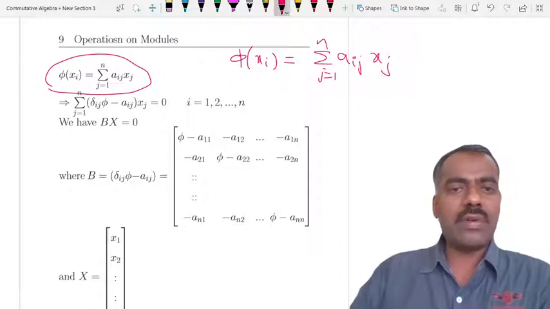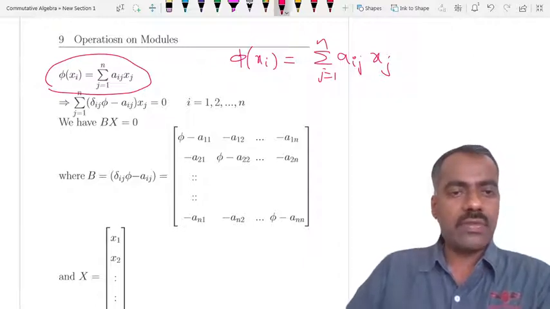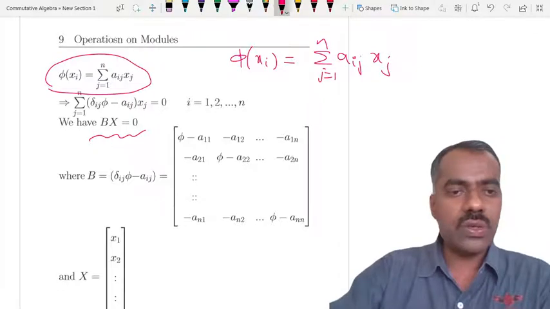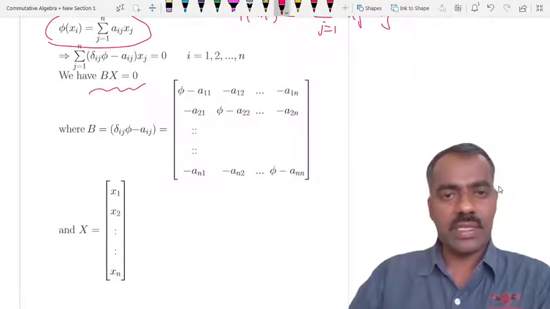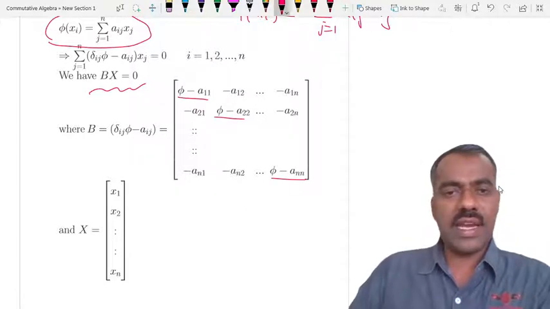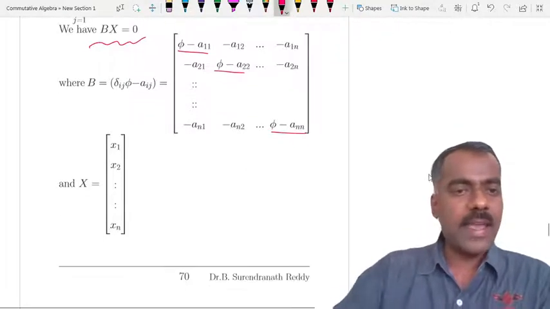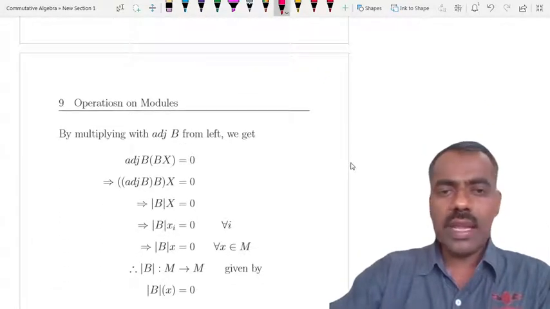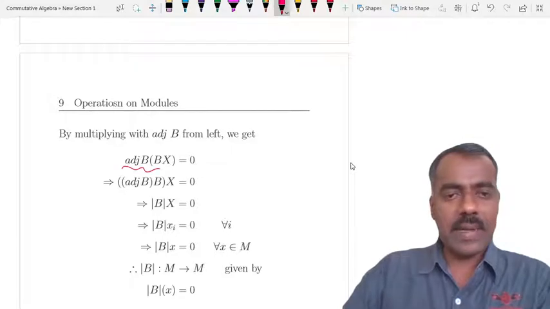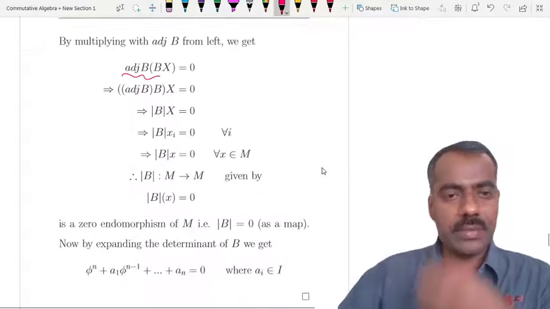That means we have a system of n equations. So we can write this in the form Bx equal to 0, where B is delta ij phi minus aij. That is precisely this: the diagonal entries involve phi and all the remaining entries are the aij's, and x is x1, x2, ..., xn. Then by simple calculation, multiplying by the adjoint, you get the determinant.